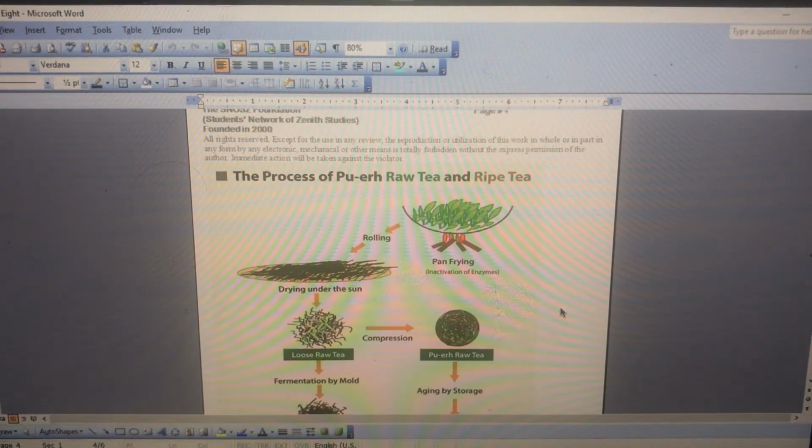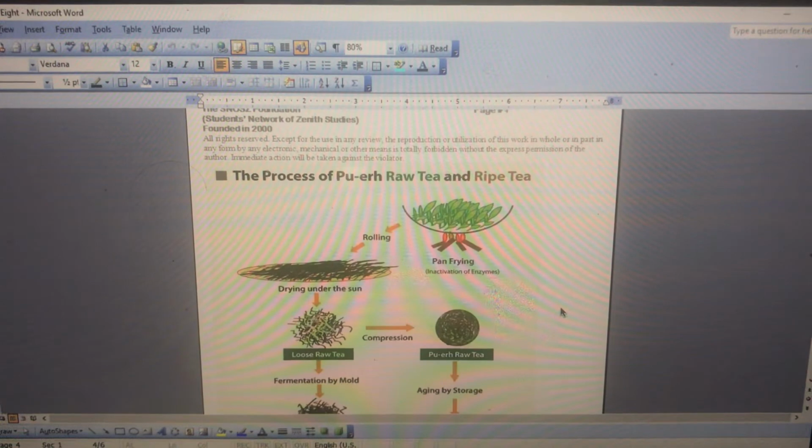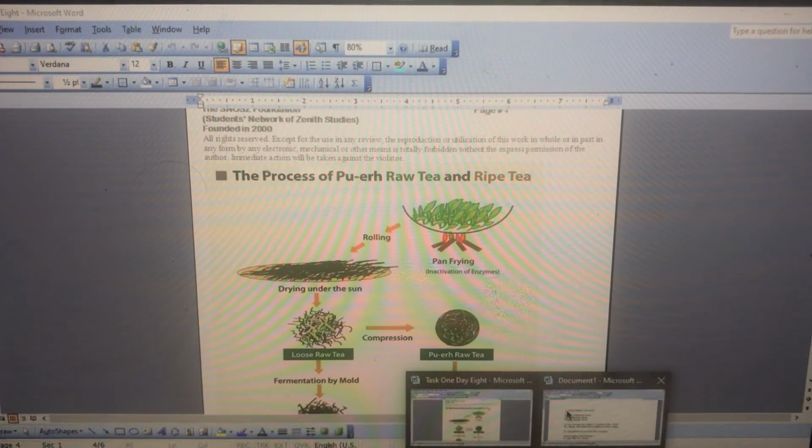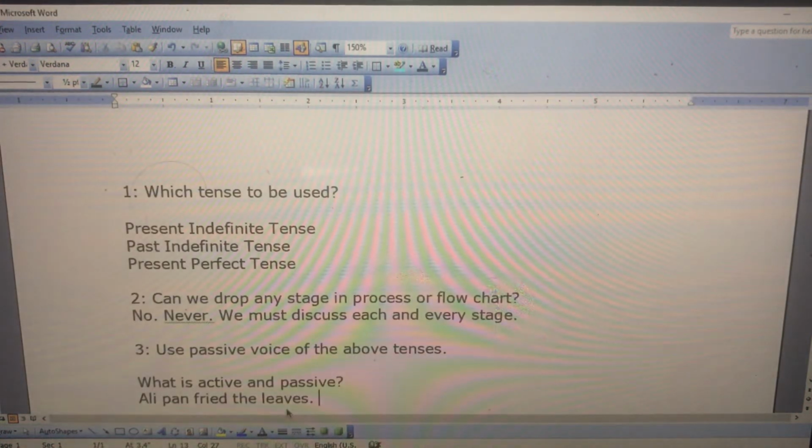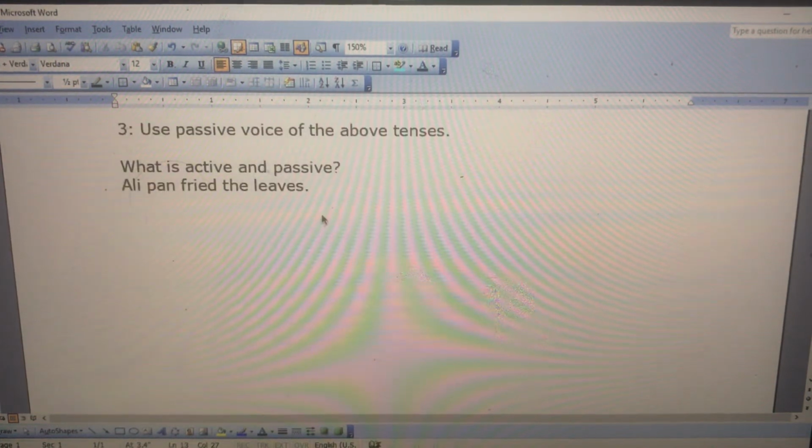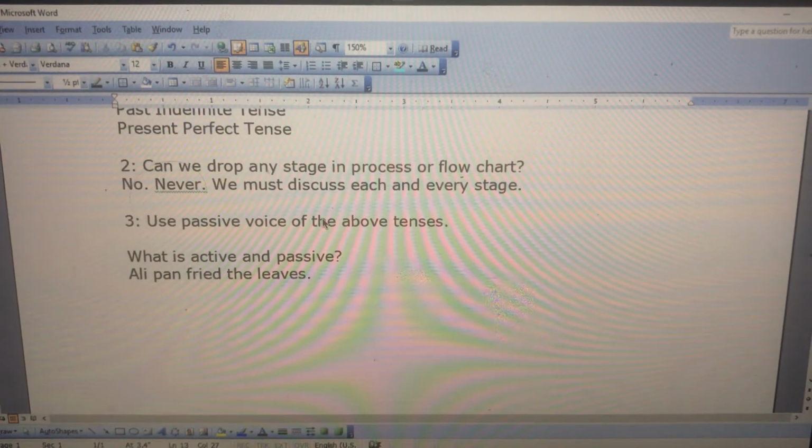Maybe the employees of that factory, maybe anyone working in that factory, he's doing all these things. So if I say like this, this is active voice, okay? Ali pan fried the leaves. This is actually active voice of past tense.